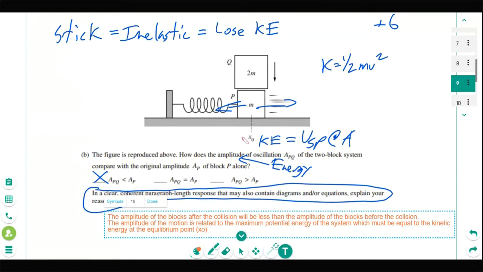So we're going to take that. We made our claim. Now I'm going to go through fundamental principles here. This is conservation of energy.